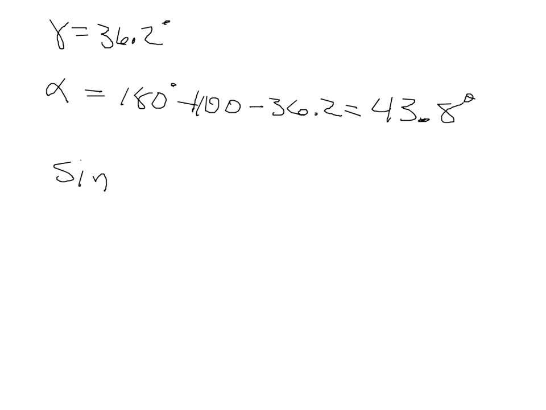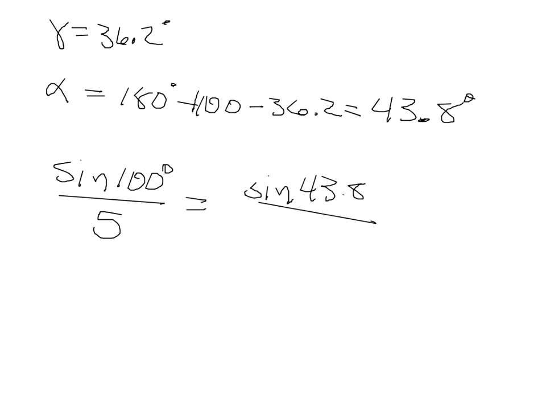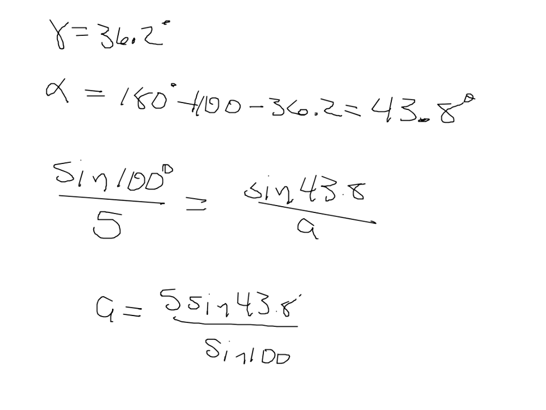So sine of 100, which is beta, over B is equal to sine of 43.8 over A. Solve for A. And I get that A is equal to 3.51. So there's my two angles that I needed and the missing side.